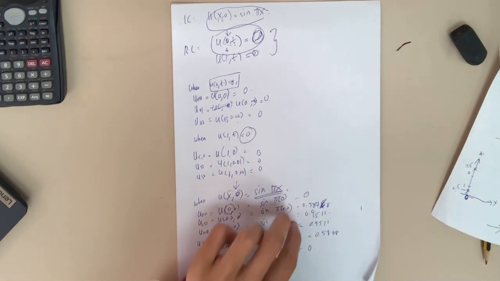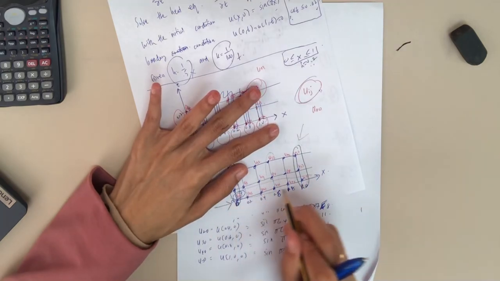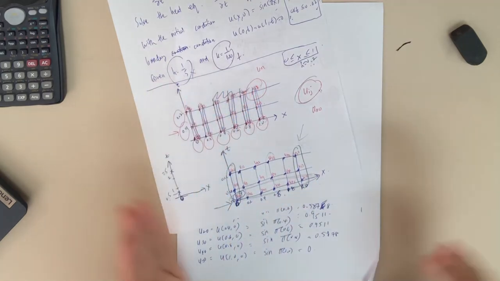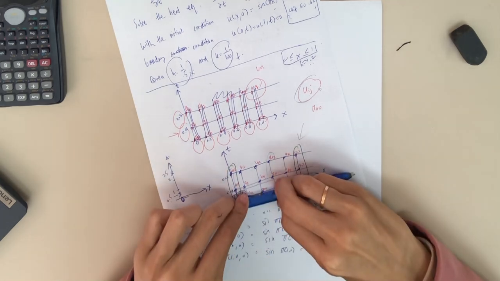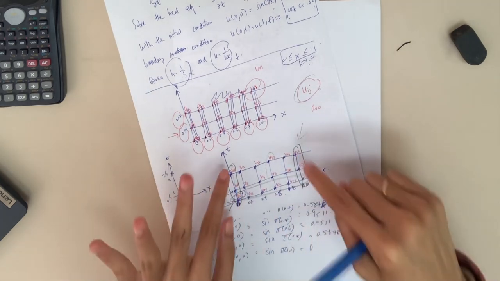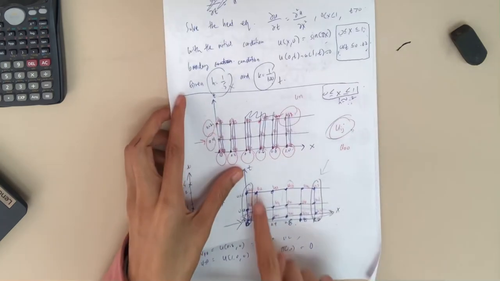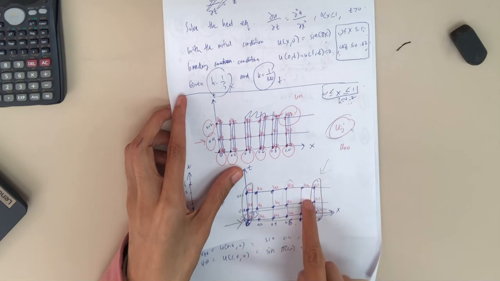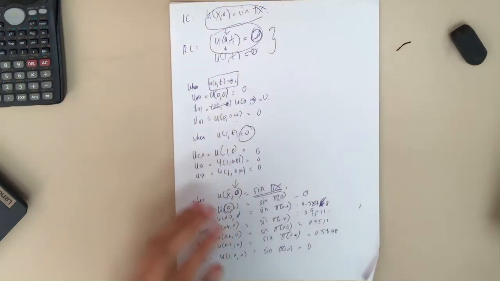So this value is here. So you already done for this boundary, and also this one. You dah cari untuk yang inilah. So you are left with 1, 2, 3, 4, 5, 6, 7, 8 points to find the value.